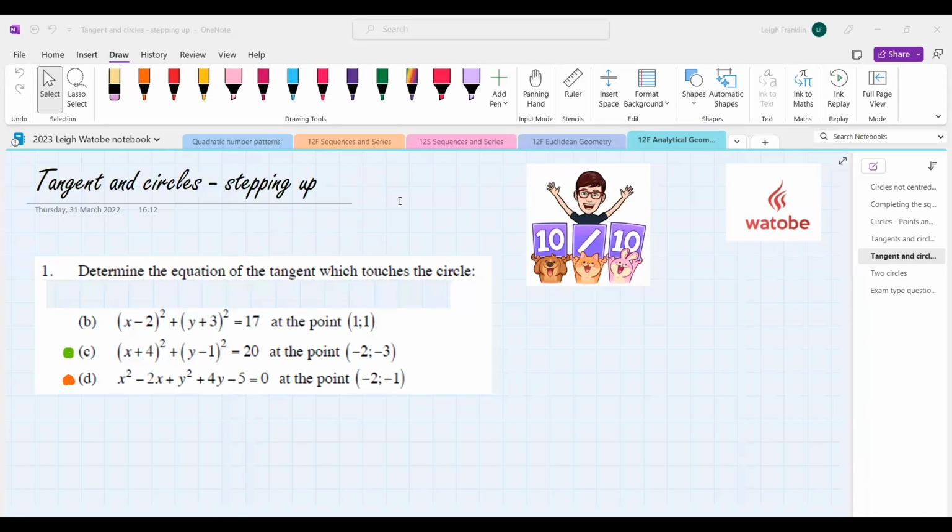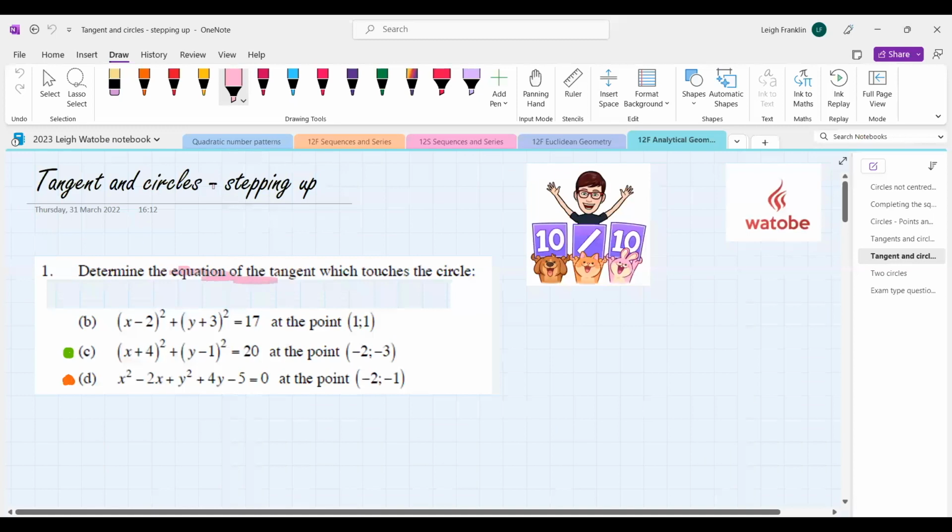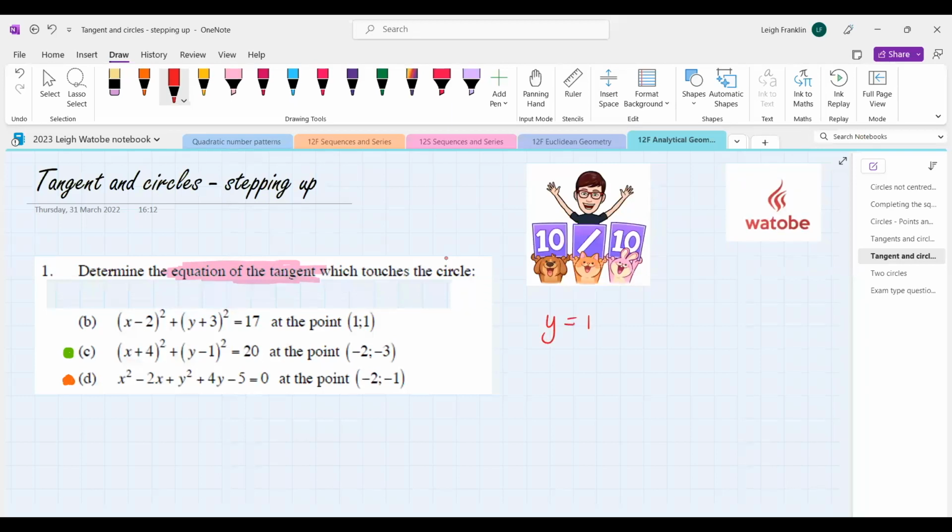Okay, so just to go through the basics again, when they ask us to determine the equation of a tangent to a particular circle, they're asking us to determine the equation of the tangent in the form y equals mx plus c.